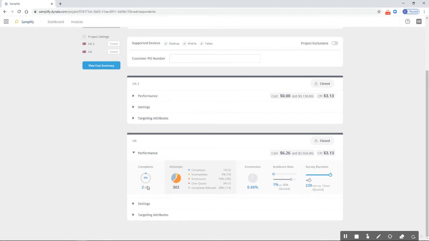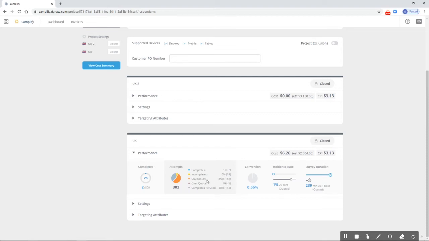Our focus now, to first investigate what can potentially be wrong on this study, is by actually looking at these metrics, which show the attempts and, of those attempts, where people fall out. In this case, we had 302 starts, but just 1% was a complete.